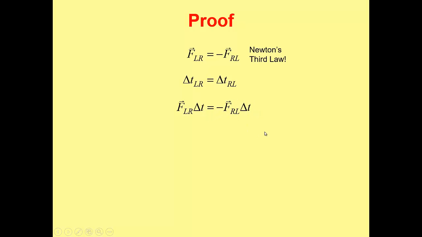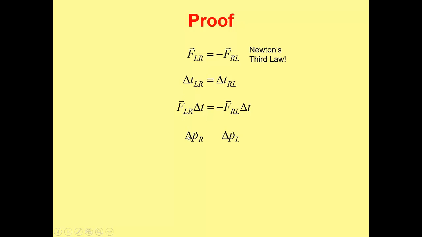So we've just proven that in the explosion, the impulse given to the right cart, right? Because it's the force on the right cart for the amount of time. This impulse on the right cart is equal and opposite to the impulse on the left cart. But didn't we find at the beginning of this unit that the impulse acting on an object is equal to its change in momentum?